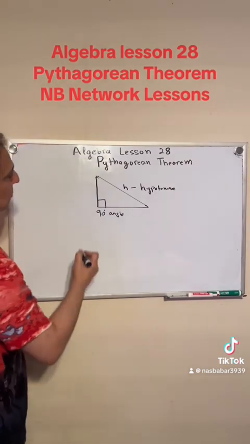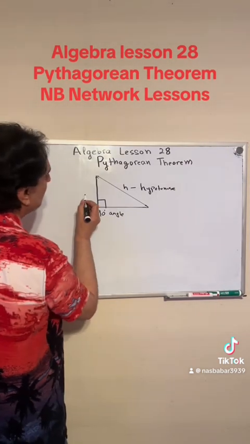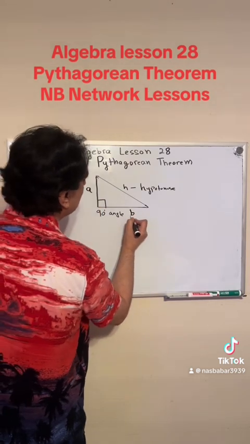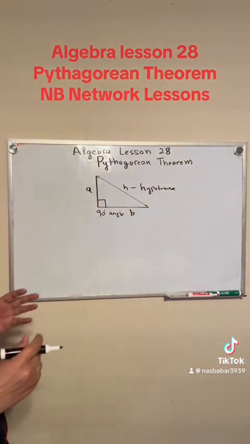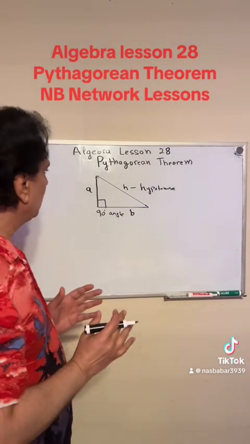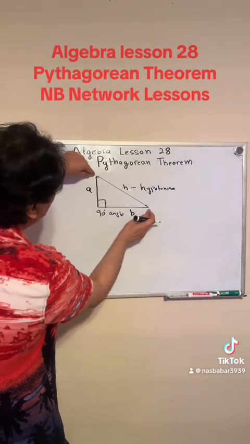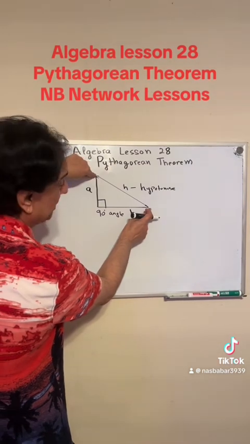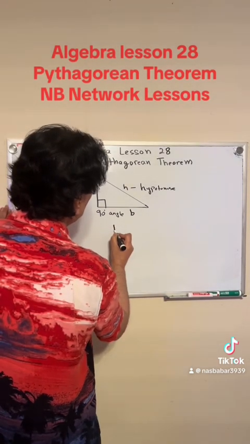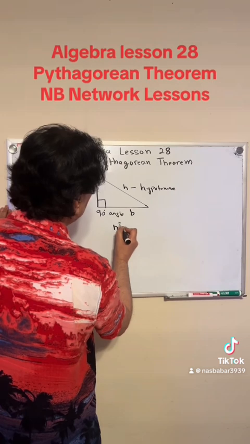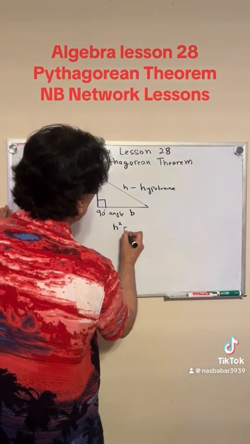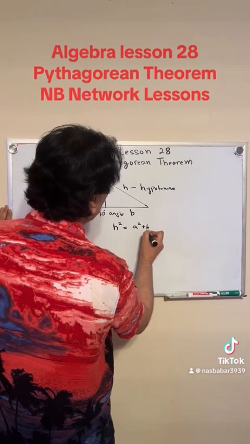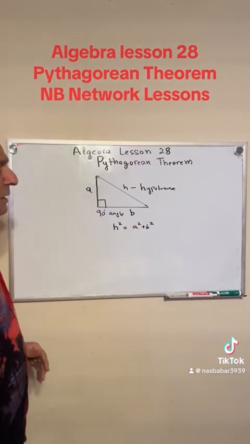Let's say this side we call A and this we call B. So basically what the Pythagorean theorem states is that the length of this line right here, which we call the hypotenuse, satisfies H square is equal to A square plus B square, okay?